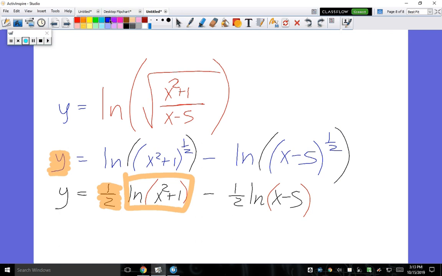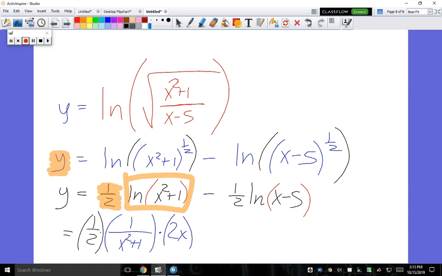1 over x squared plus 1 times 2x. Perfect? But because of constant multiple rule, what do? Times 1/2. I bring it back, and I multiply it back in. Okay? We good?